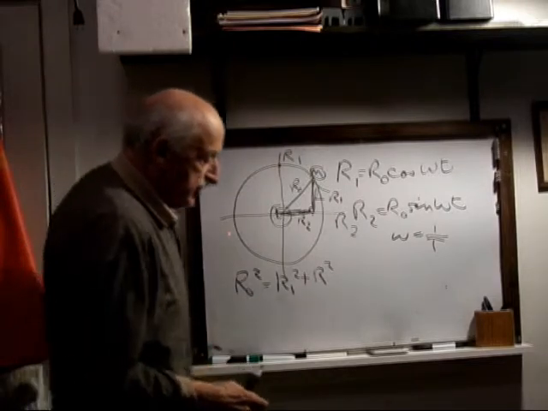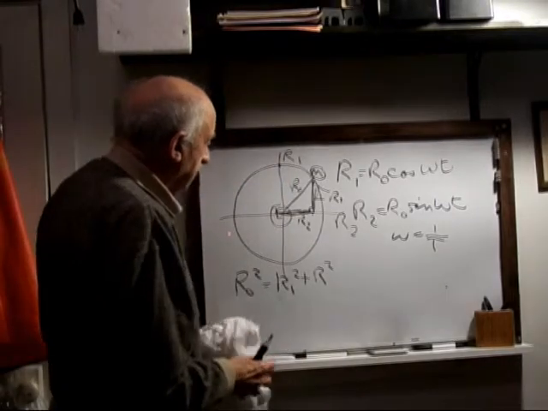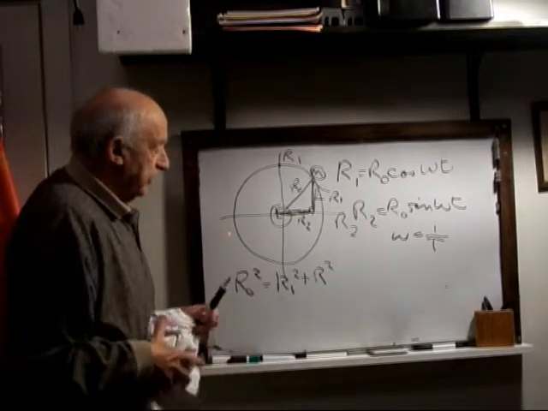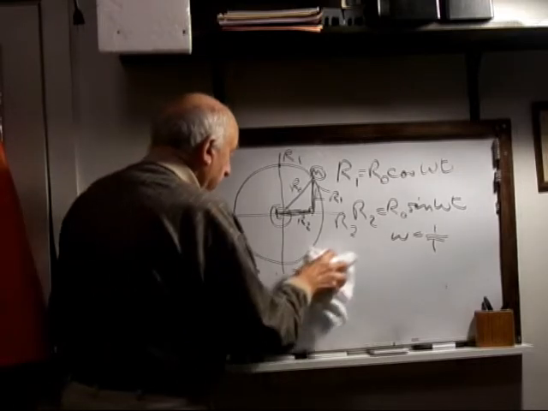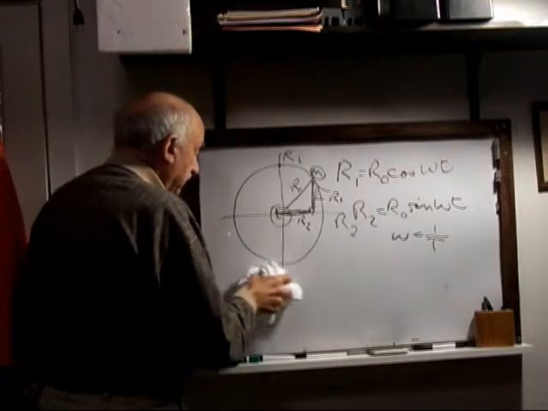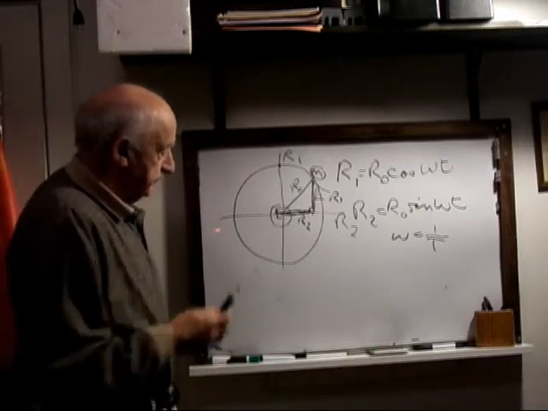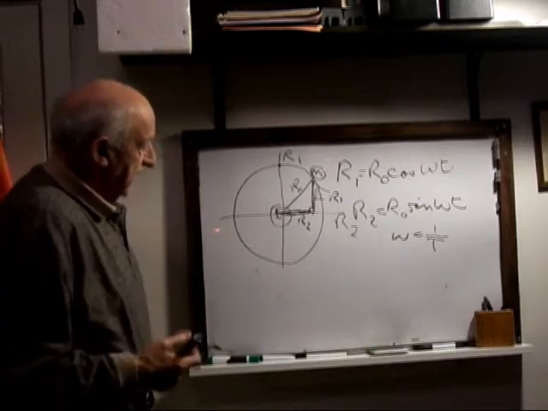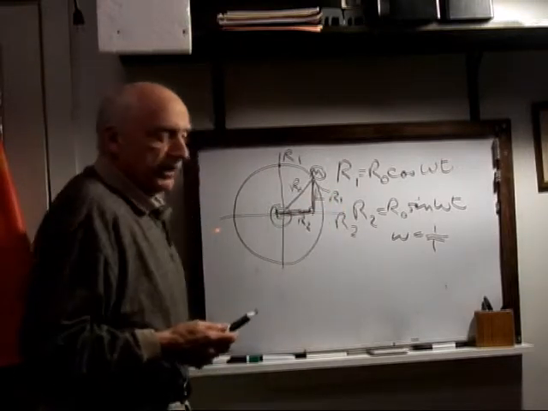So that's the relationship, and I'm now going to show the connection between R1 and R2, that they have a relationship with one another that's rather important in terms of gravity. If you differentiate these, you get the velocity.